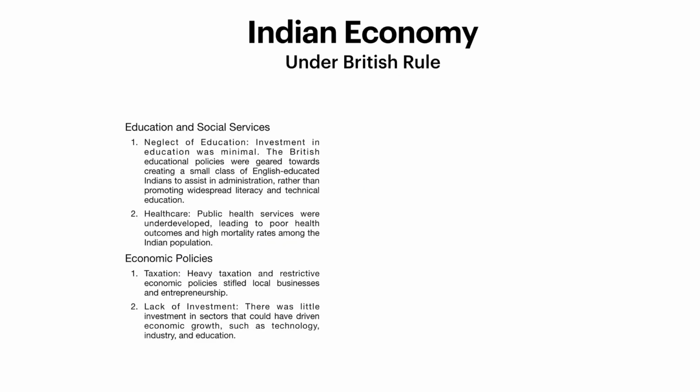Now let's talk about education and social services. Almost zero. Whatever kind of education they wanted to provide in those days, their motive was just to raise English-educated Indians who would serve the British.